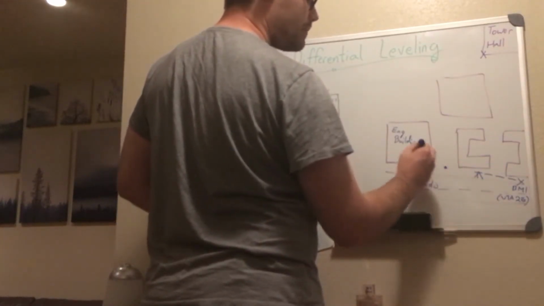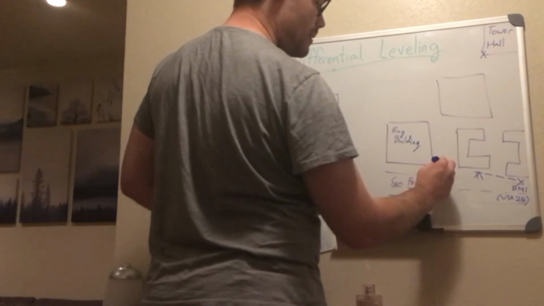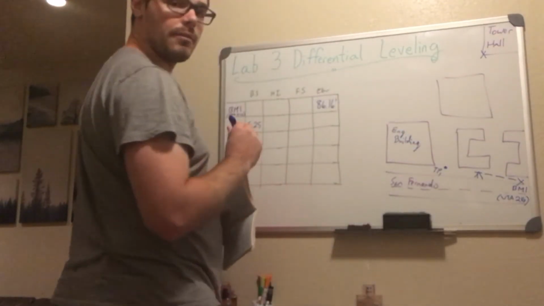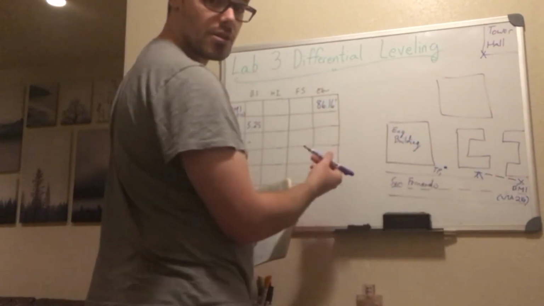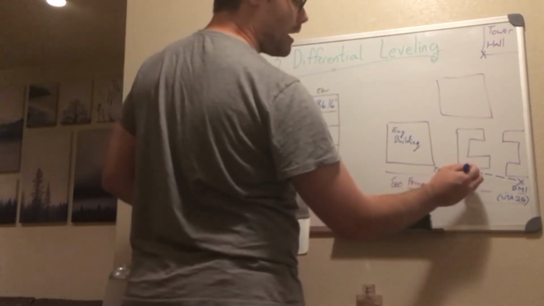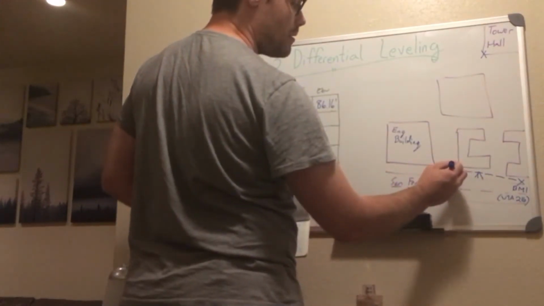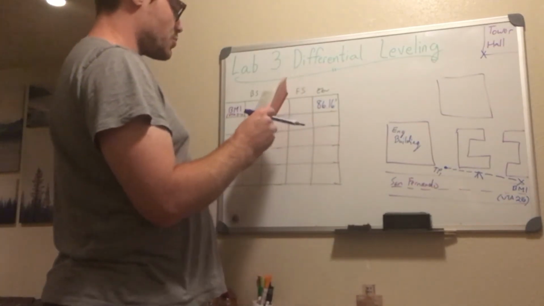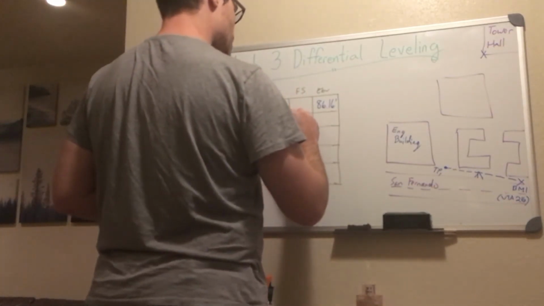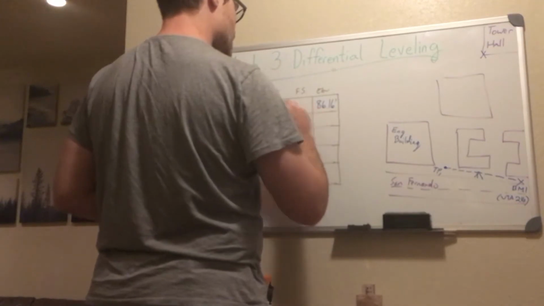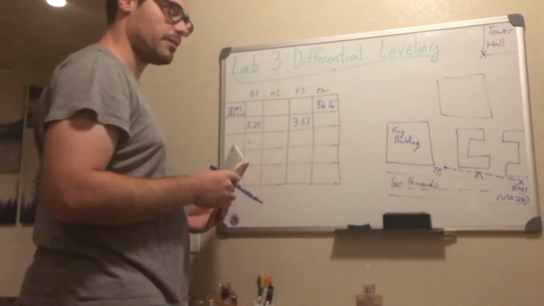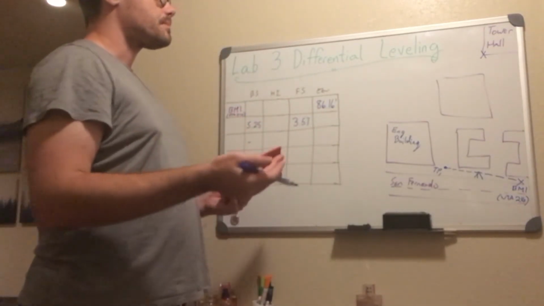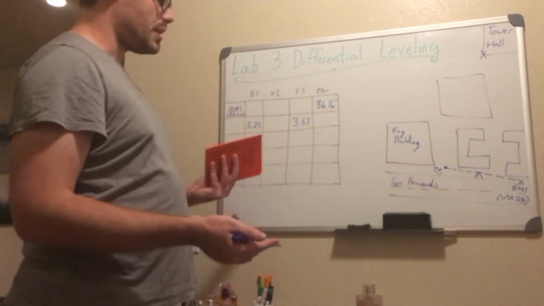We'll put it right here, and we'll label that TP1. It's forward in the circuit. We're moving on, so we're going to take a foresight onto the turning point. And we're going to say that this one comes out to 3.57 feet.